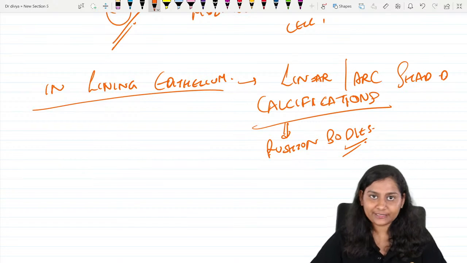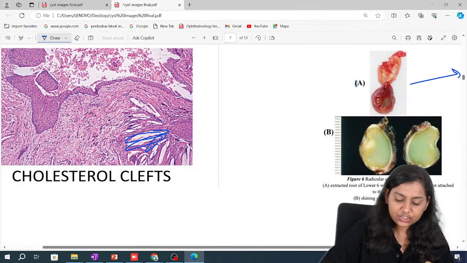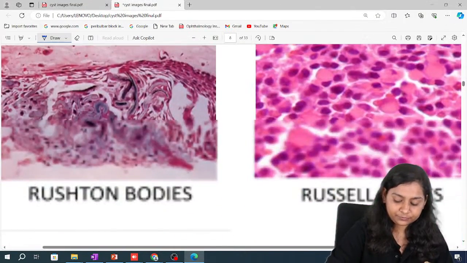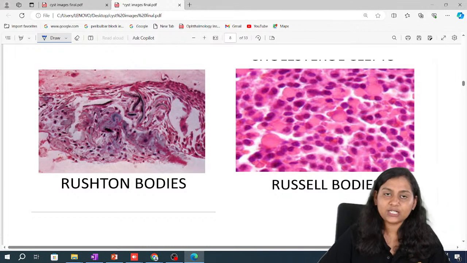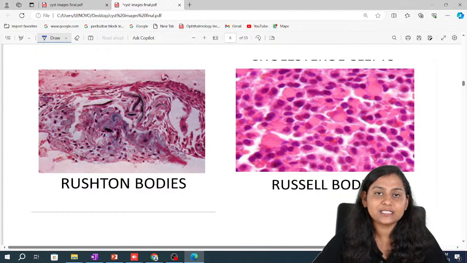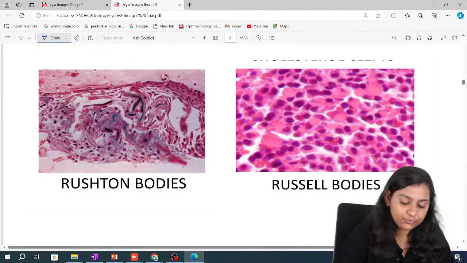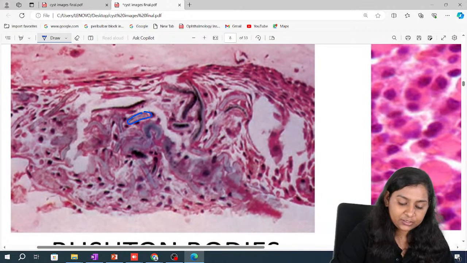These are refractile but not birefringent. These are curvy, linear, arc-shaped, eosinophilic, hairpin-shaped or C-shaped bodies which are seen as calcification, and more importantly, seen in the lining epithelium. Can you see? Tiny arc-shaped, hairpin-shaped bodies present.